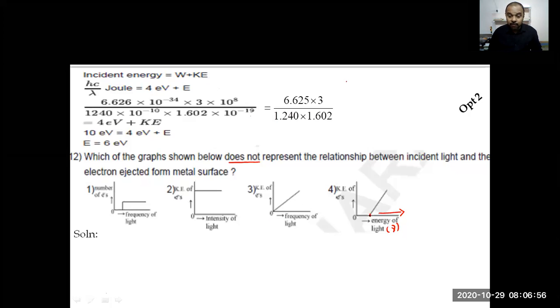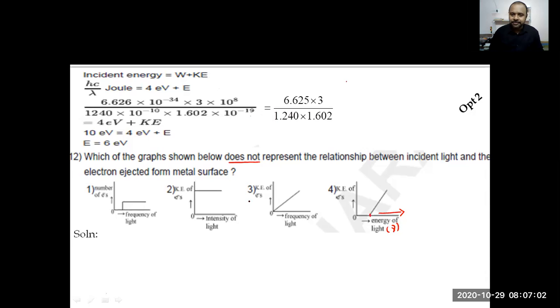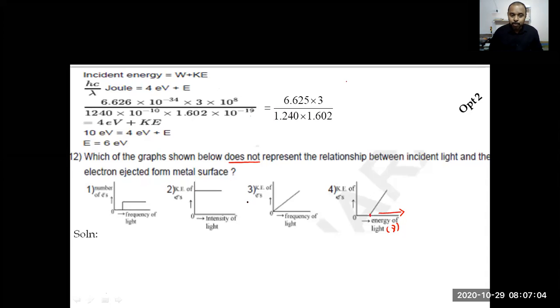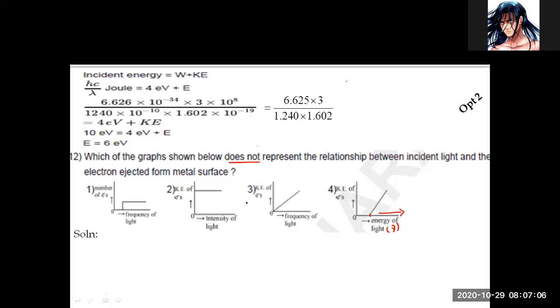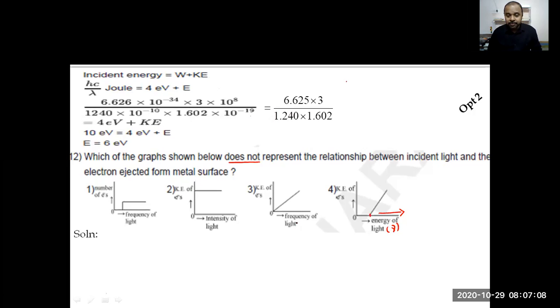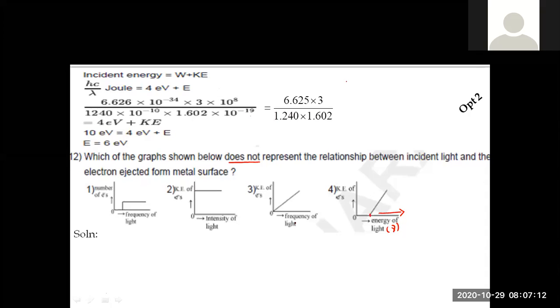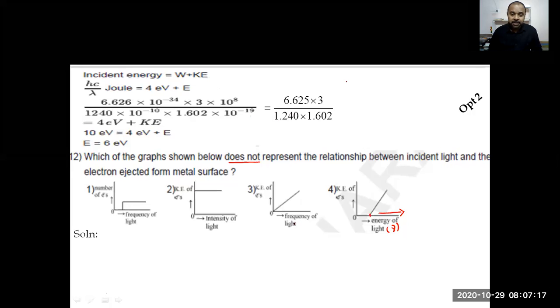So graph 4 correctly depicts the photoelectric effect. If graph 4 is correct, obviously graph 3 should be wrong. Graph 3 would mean the threshold energy is 0, which is not possible. So 3 is incorrect.